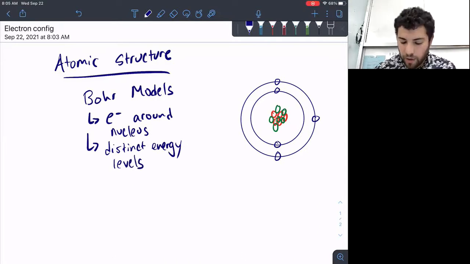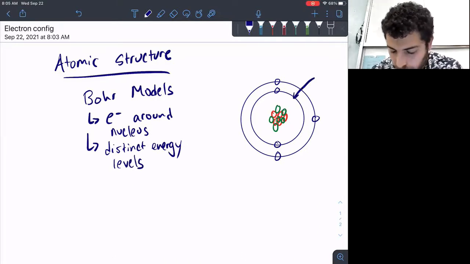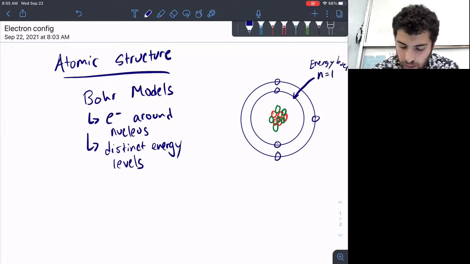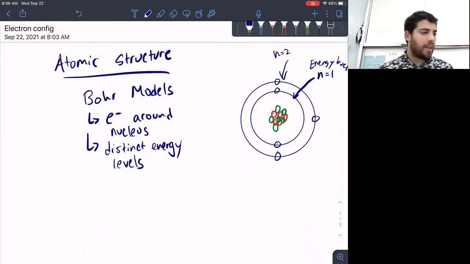Basically levels where the electrons reside. So right down here we have n equals 1, or the first energy level. And then right here we have n equals 2, which is the second energy level.